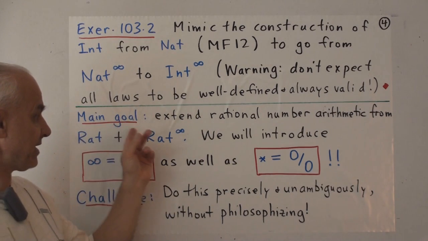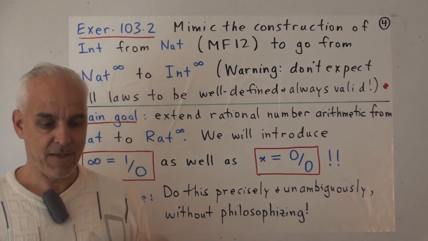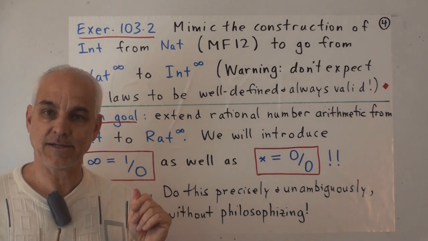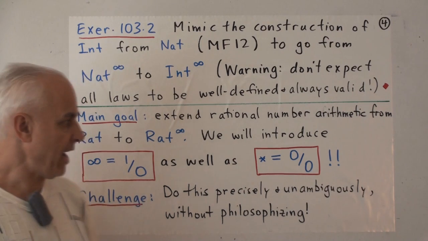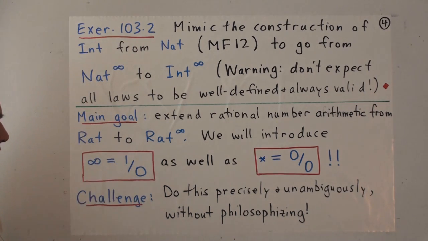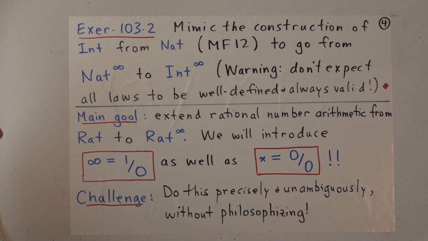I want to talk about extending rational number arithmetic to infinity. That's actually the application that has the most application to calculus. And that's what we're going to be talking about. So that's our main goal, to extend rational number arithmetic from the rational numbers to what we might call rat infinity, where we've augmented the rational numbers.